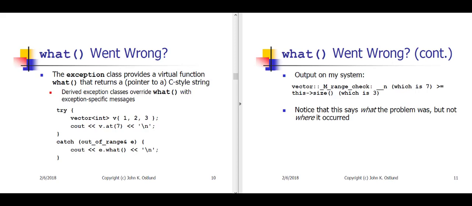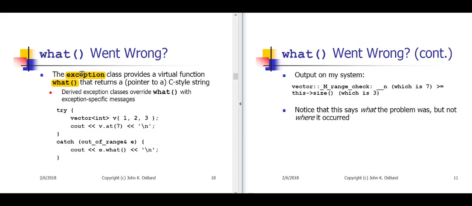Now, when an exception occurs, we would certainly like to know a little more than that it was a bad_alloc exception or that it was an out-of-range exception. One way we can find out a little more about what occurred is through the use of the what member function that's provided as a virtual function in the exception base class.